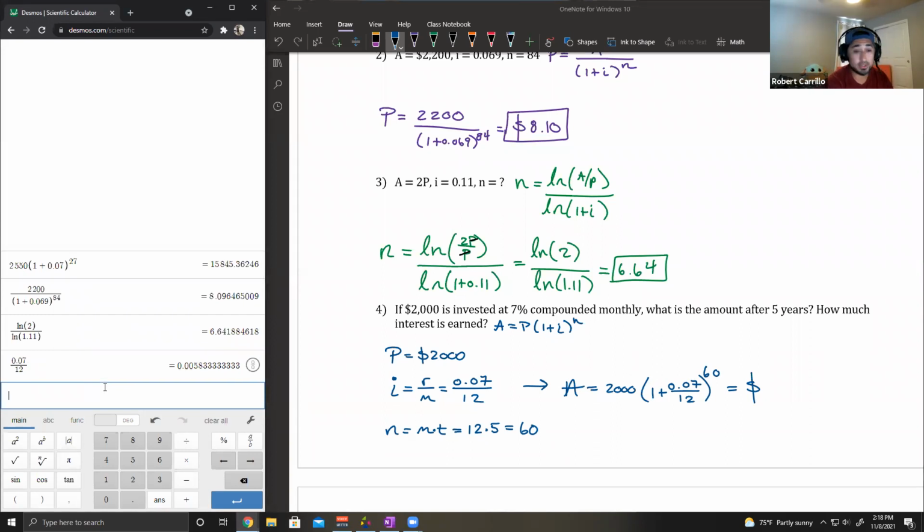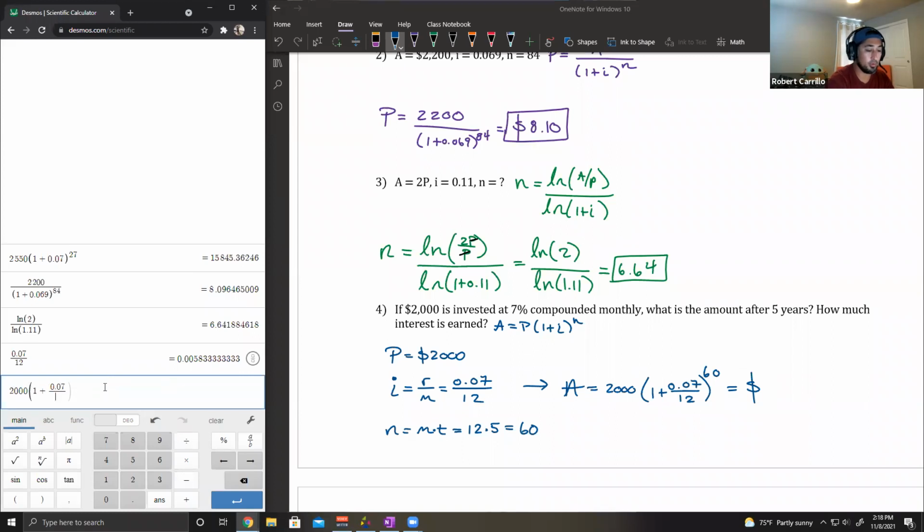So I can type it in just like I wrote it. 2,000 times 1 plus 0.07 over 12. Close those parentheses. And then all raised to the 60th. All right. And after 5 years of investing $2,000 at 7% compounded monthly, we will have $2,835.25.